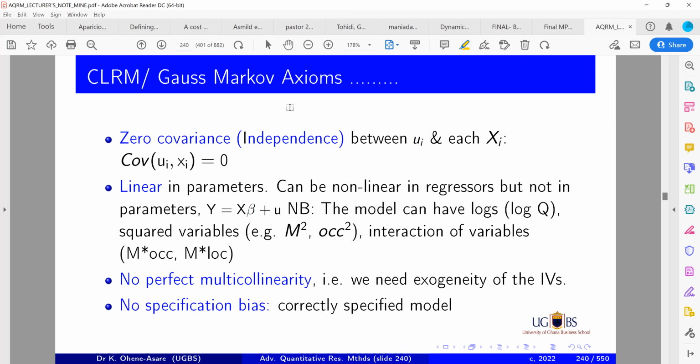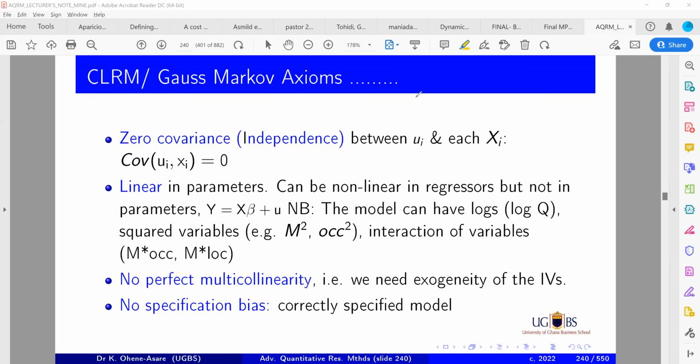Okay. And then another quite basic assumption is that there must be no specification bias. In other words, the model you are going to write must be correctly specified. So the way some of you were mentioning some model. When you have a model, we do different modeling. Okay, weighted least square, generalized least square, feasible generalized least square, okay, feasible GLS, and several other things.